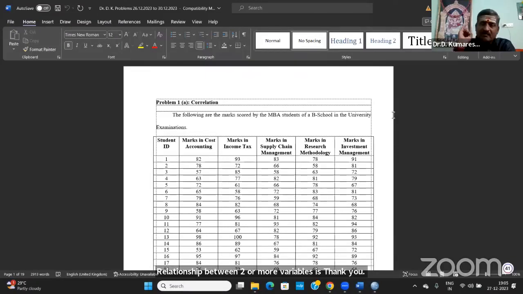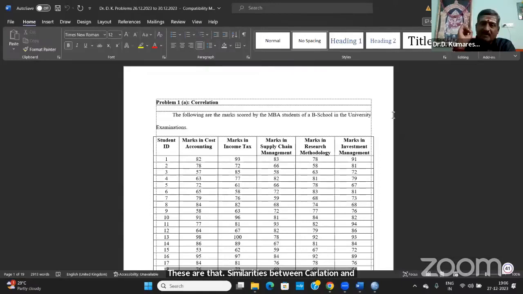Number two, the data should be scale data. Here, the dependent variable should be scale data. Number three, numbers should be equal. These are the similarities between correlation and regression.